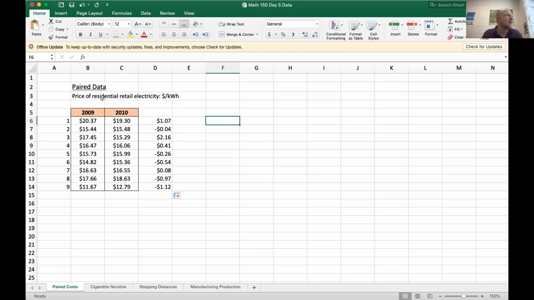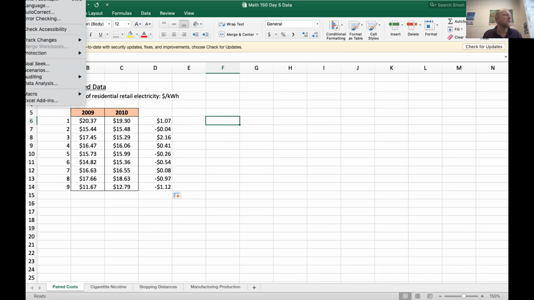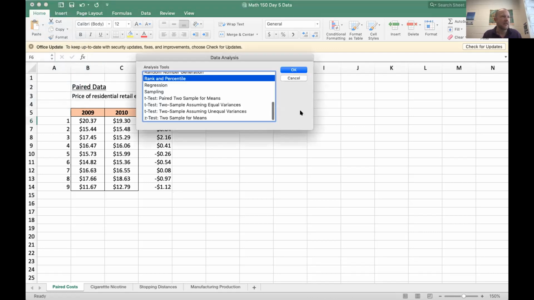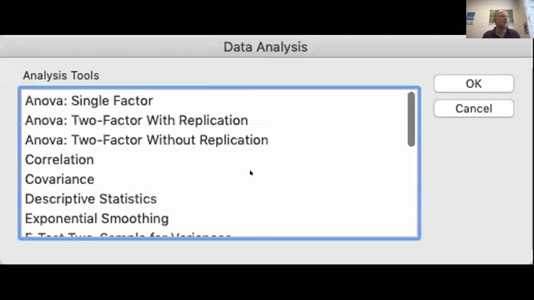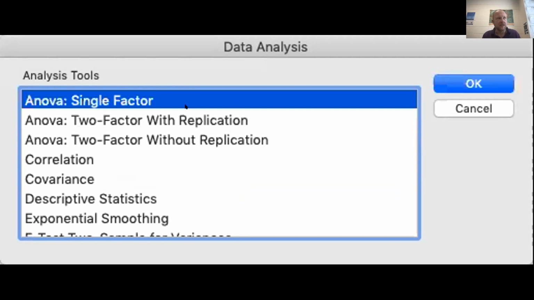All right. So I'm going to go up into the tools menu, and on the pull down, one of the options is data analysis. All right. Now I am going to stop share, share again in order to show you that window. So on the data analysis, you have a bunch of different options there. And we're going to later today talk about ANOVA testing.